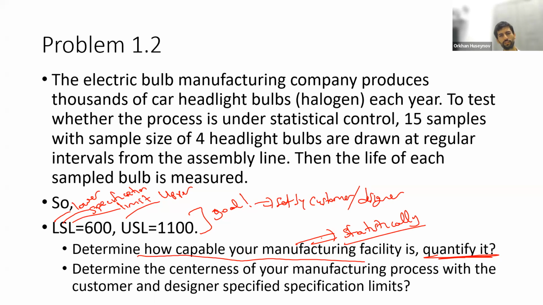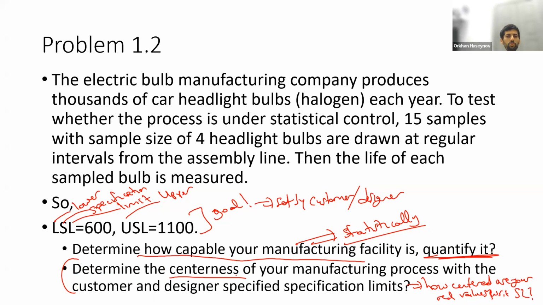The second thing is the centeredness of your manufacturing process. So centeredness means how centered are your real values with respect to the specification limits, okay?